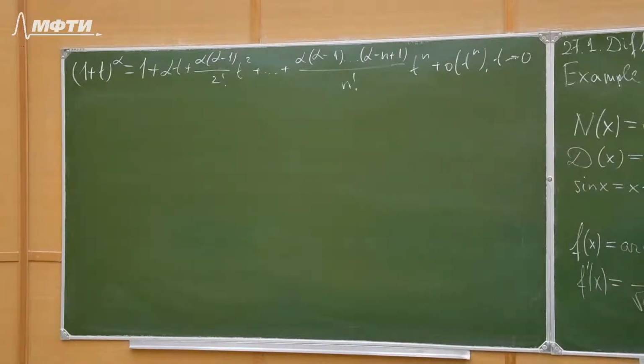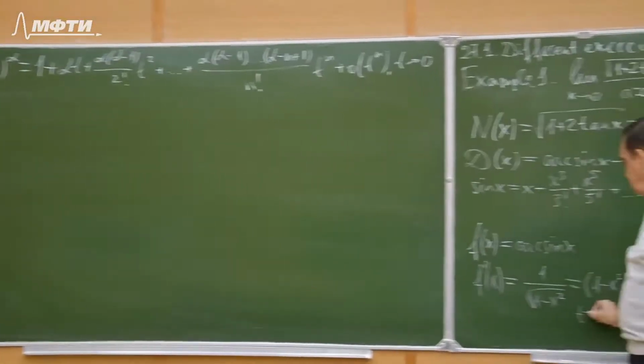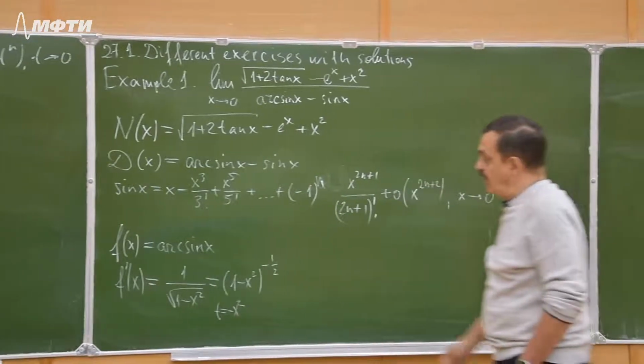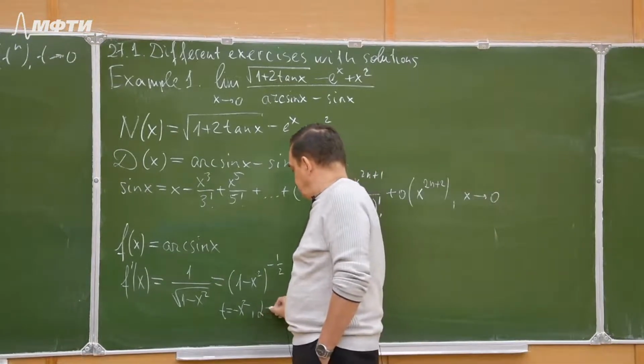That is one of the main expansions, which is suitable for us, because we can substitute t equals minus x squared and alpha equals minus 1/2.